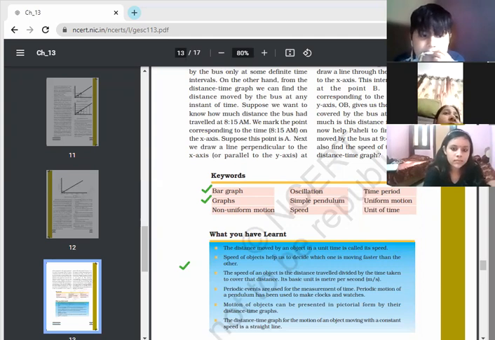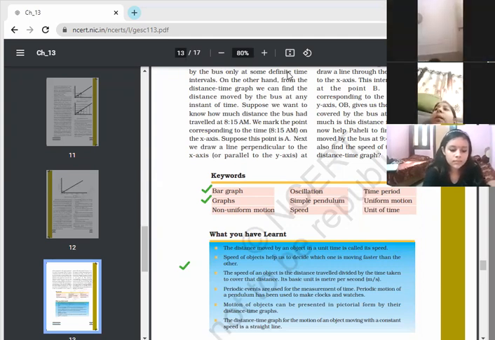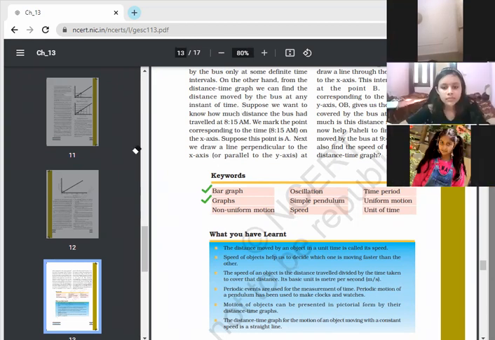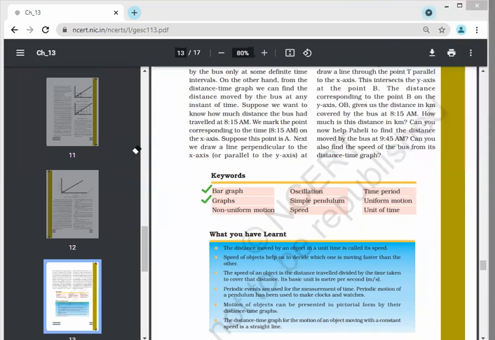A pictorial representation of two sets of numerical data. Okay, a graph is a pictorial representation. Pictorial representation means graphs can be of different types. In a few of the graphs, we use pictures to draw it.